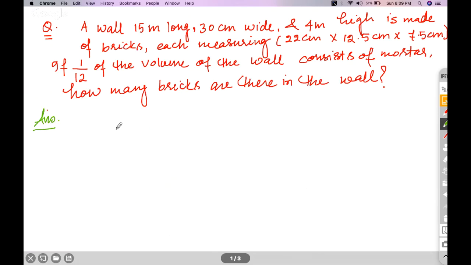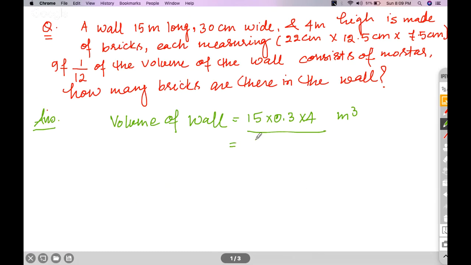Okay, look here. Volume of wall is 15 into 0.3 into 4 meter cube, which is 60 into 0.3, which comes out to be 18 meter cube.